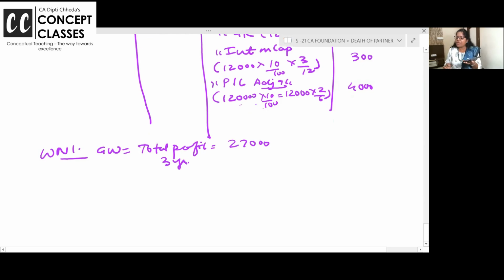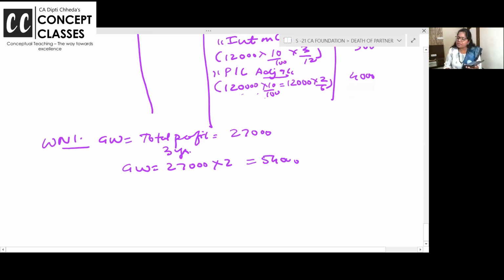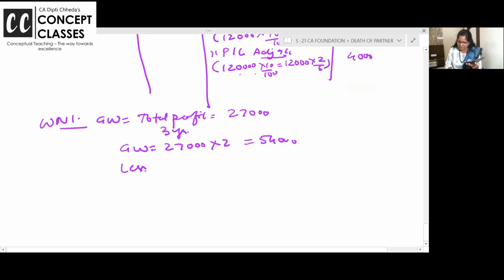Goodwill according to share of the profit is taken twice the amount of the profit of the last 3 years. We generally take average, no, we are used to. So last 3 years profit and multiply it by 2. 27,000 into 2. So you are getting 54,000 less 20%.